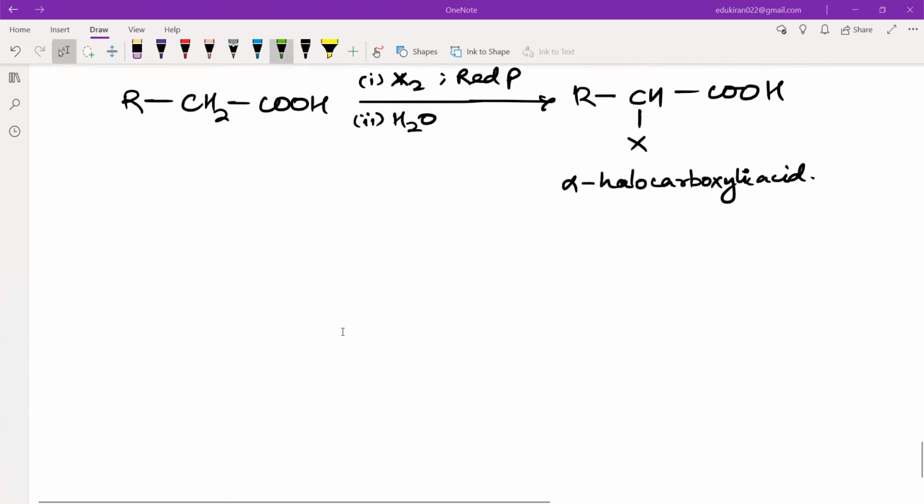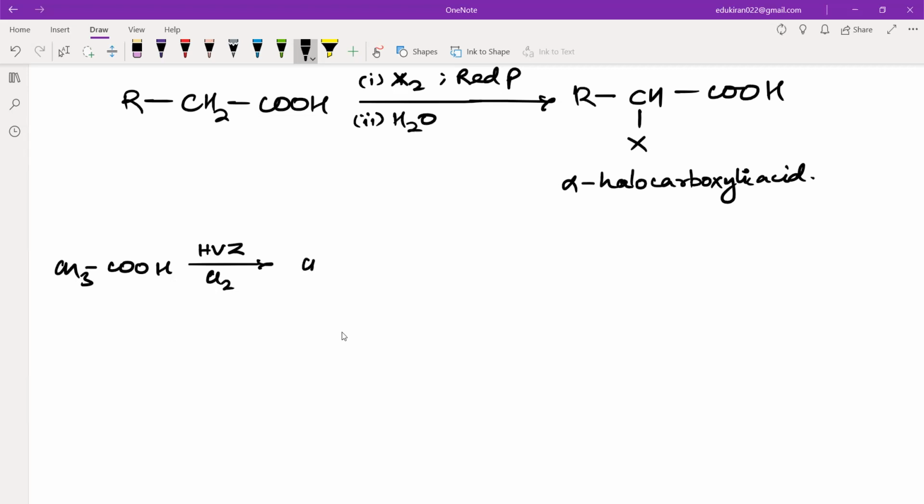So see what can happen. Let us start with CH3COOH, and I'm writing HVZ, so the reagents are X2, red P and then water. We are doing the Hell-Volhard-Zelinsky reaction with Cl2, and you will get CH2ClCOOH.